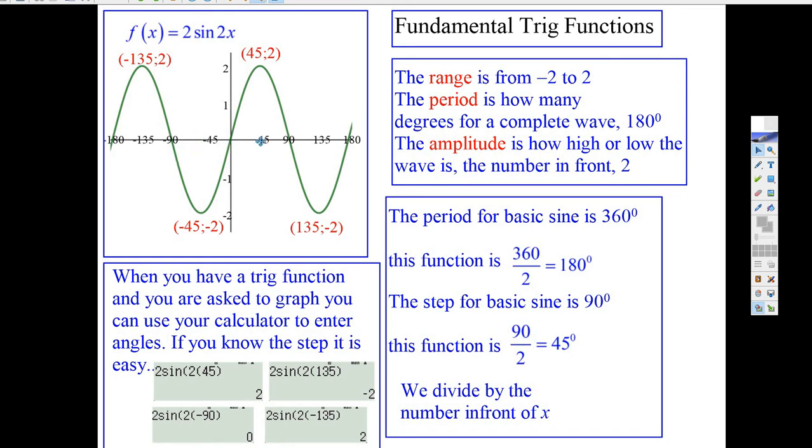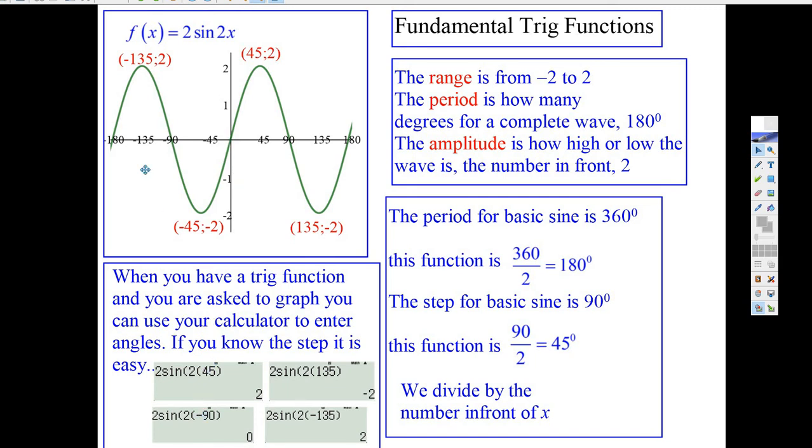But if you know it's 45 degrees, if they ask you to graph something like this, it's so easy. You just type 2 sine, the bracket 2x, then another bracket on the other end, and you put in 45. And if you do, you get the answer 2. If you put in 0, you'll get the answer 0.